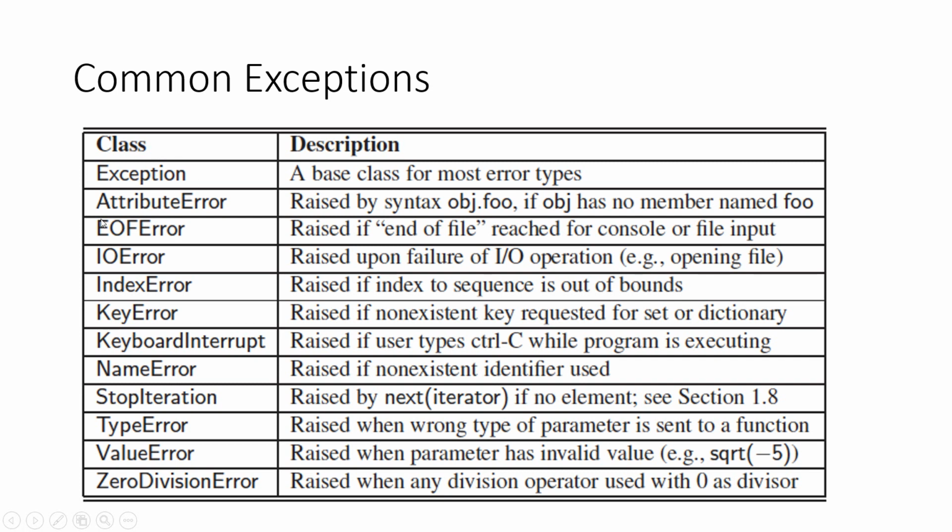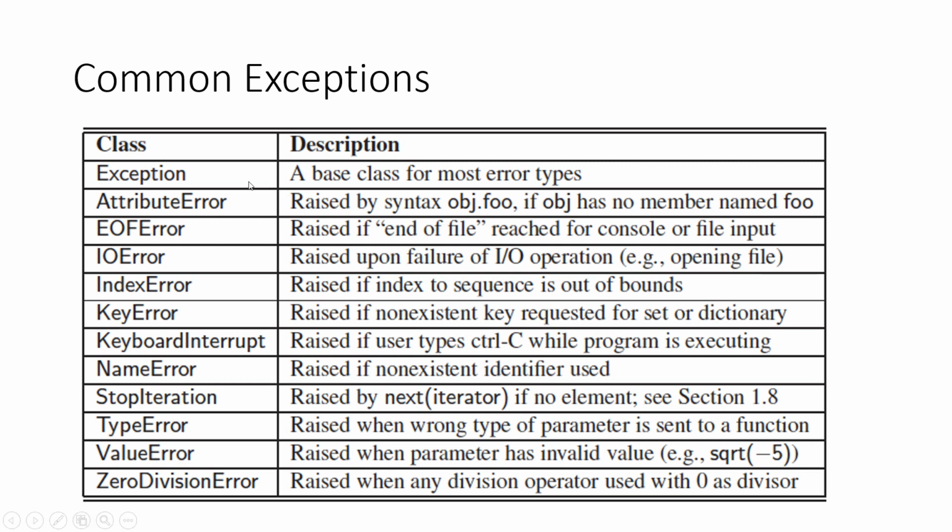And there are classes called AttributeError, EOFError, IOError, IndexError, KeyError, KeyboardInterrupt, NameError, StopIteration, TypeError, ValueError, and also ZeroDivisionError. Whenever a particular exception is raised or hit, the corresponding object will be raised here.